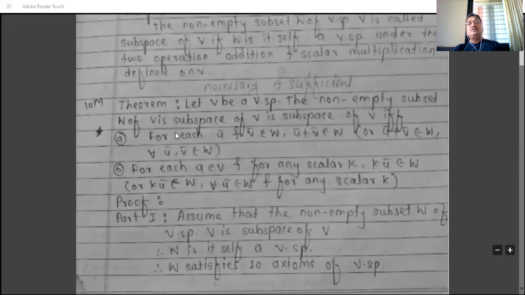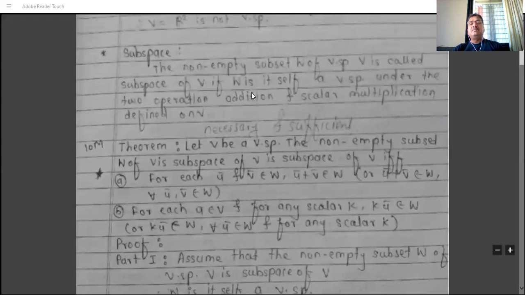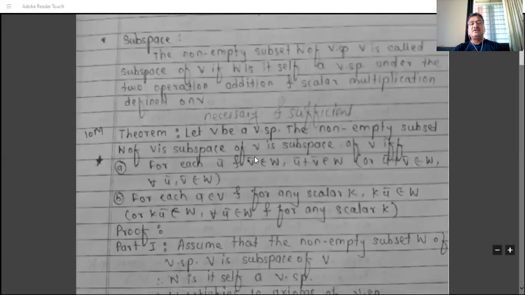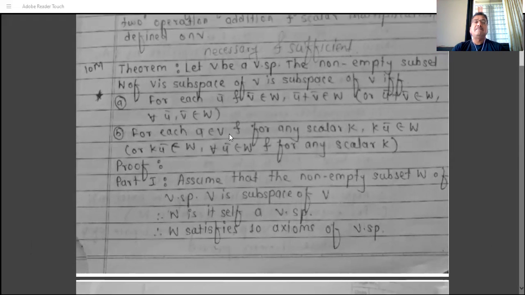If we have to show that W is a subspace of any vector space V, there is no need to show that W satisfies the 10 conditions. Just show that W satisfies these two conditions and then W becomes a subspace. So in order to solve examples of subspace, this theorem is important.